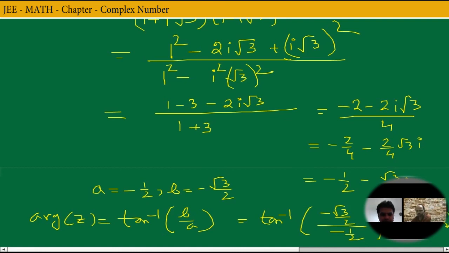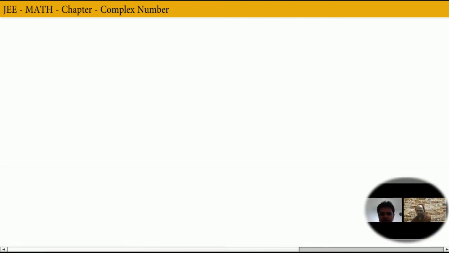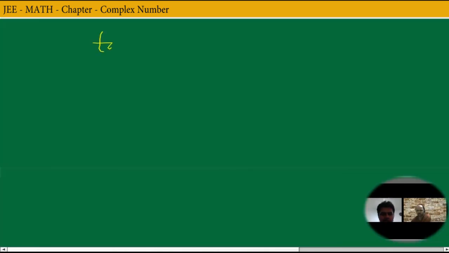Right? Yeah. So what would be its value? 1.74. No, you can remember, if we write tan 60, that is tan pi over 3, this is root 3. So its principal value is pi over 3, right?